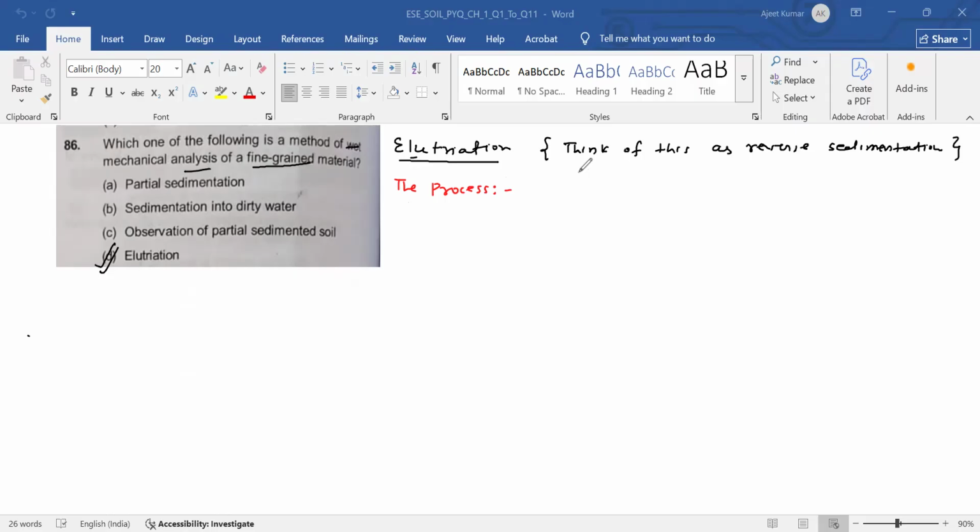Instead of letting particles fall through still water, we use a rising current of water or air. But in this case, we will use water, rising water.